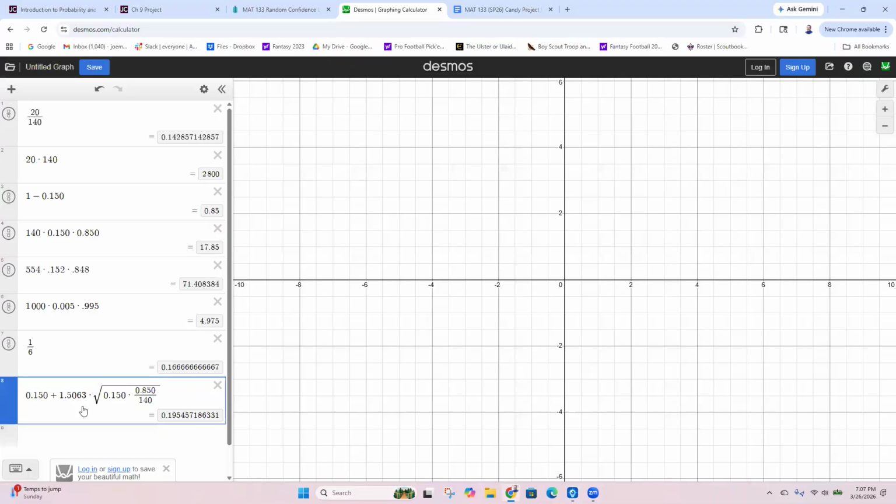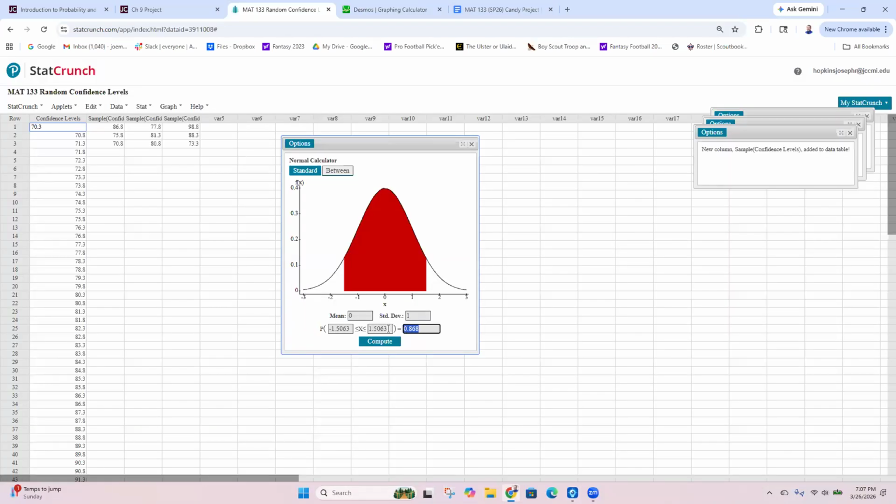Where did my 1.5063 come from? I screwed up and put the wrong percent in here. I put in 0.863, so I changed it. Now it's 0.868, and then I recomputed it. So that is the Z value, Z alpha over 2.